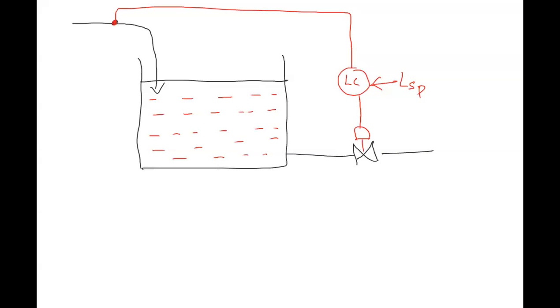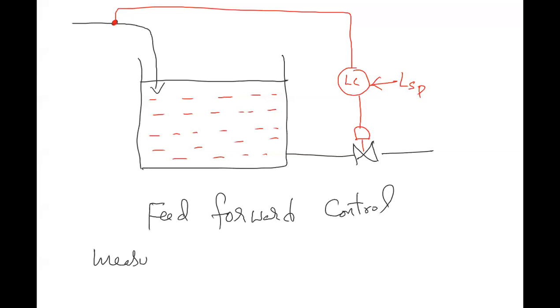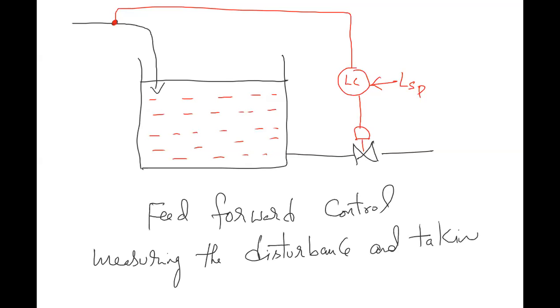This is what is feed forward control. So you are measuring the disturbance and taking control action. Measuring the disturbance and taking control action is what is feed forward control.